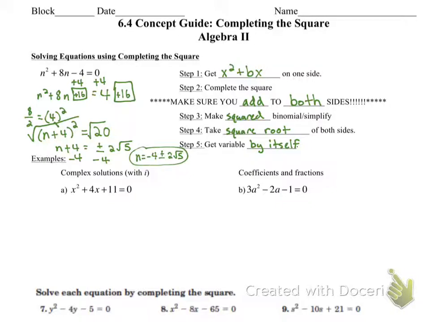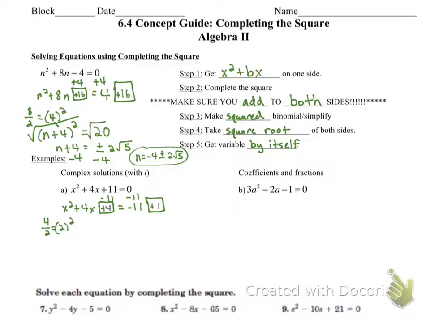You'll also have complex solutions with i, imaginary solutions. On those, we still follow the same process. First step, subtract 11. Gives me x squared plus 4x box equals -11 box. I'll then take 4, divide it by 2, which gives me 2.